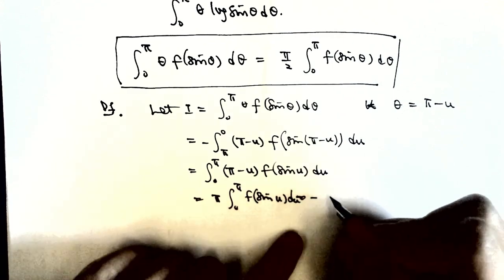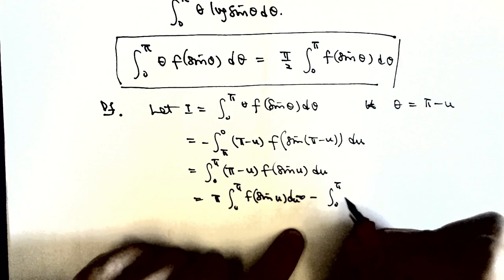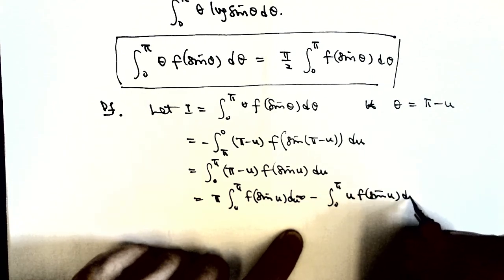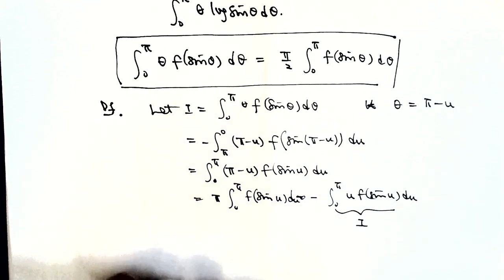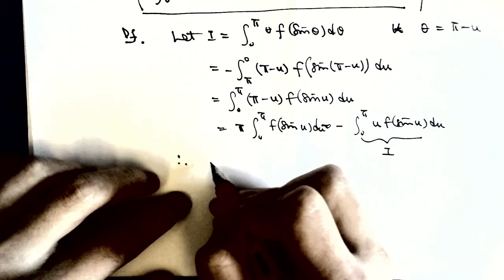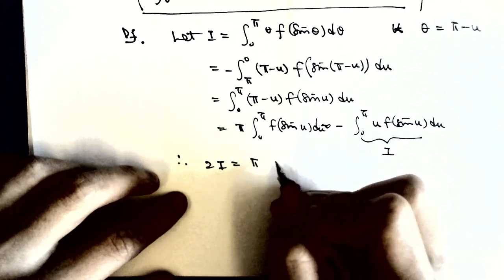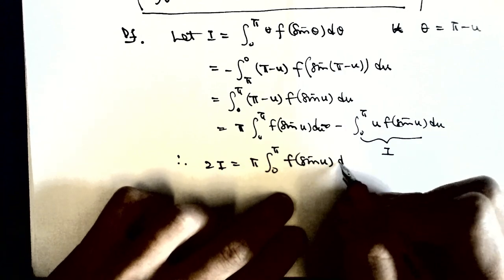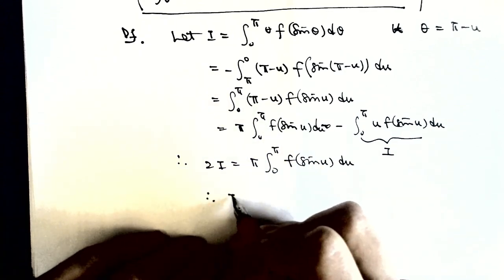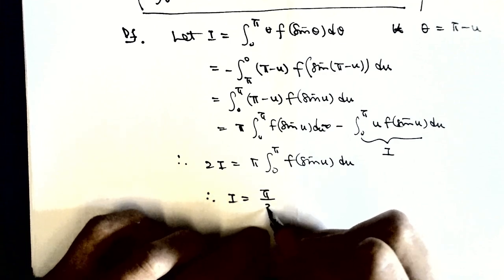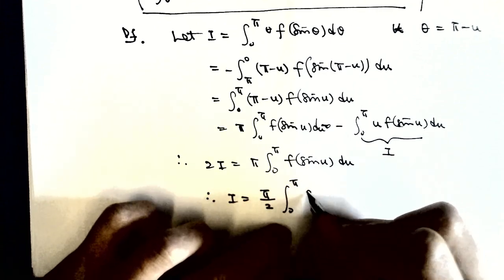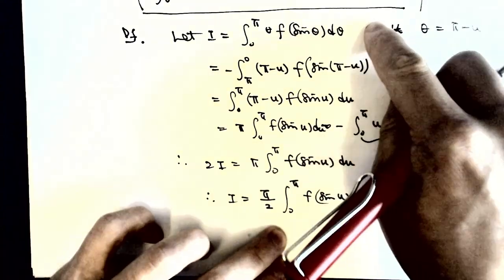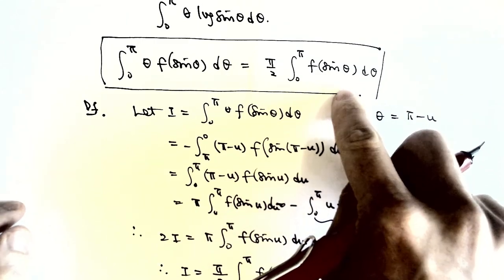Another part will be minus the one with the u here, but this integral is just I. So we have 2I equals pi times this integral, and so I will become pi over 2 times the integral from 0 to pi of f of sine of u du, which is our original right hand side.